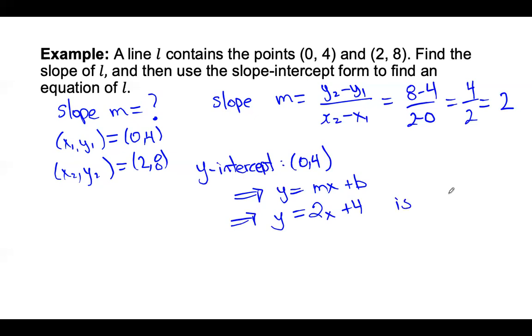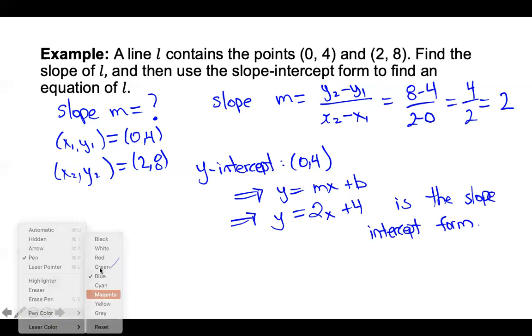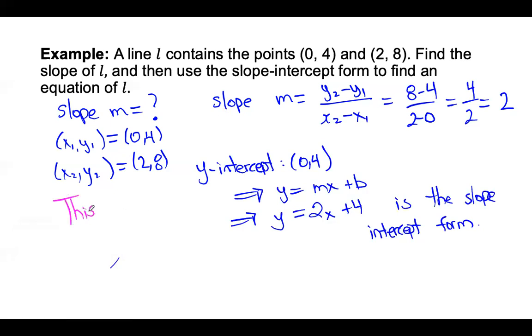So this is then the slope intercept form. So this would be a point on this line L. We could call it y L because it's a line, with its coordinate.